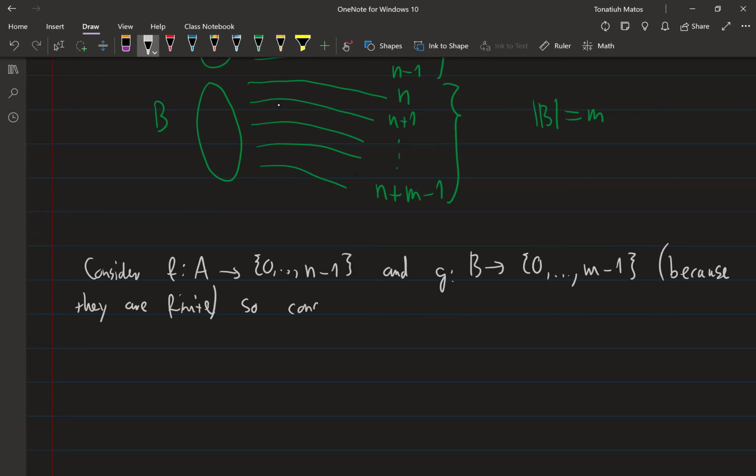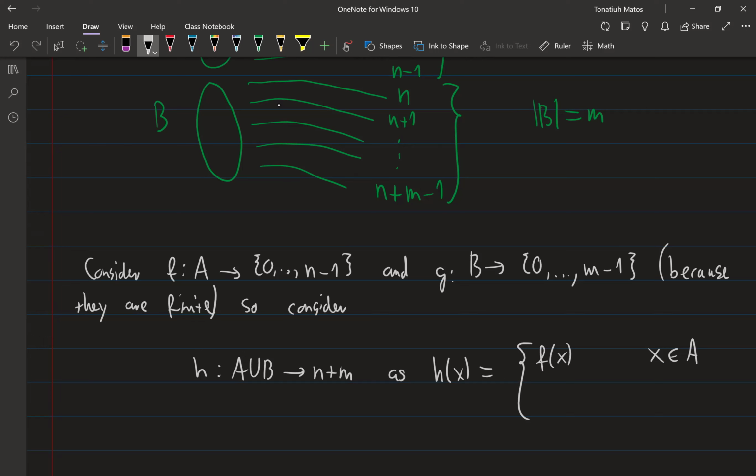So consider, let's call this something else, maybe h from the union to n plus m, right? And we're going to send each element depending on where it is. If it was already in A, there's no need to do anything to it, right?